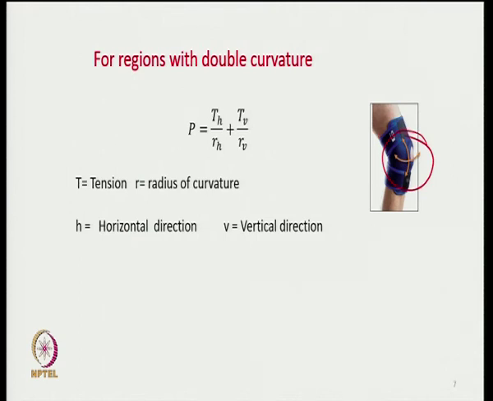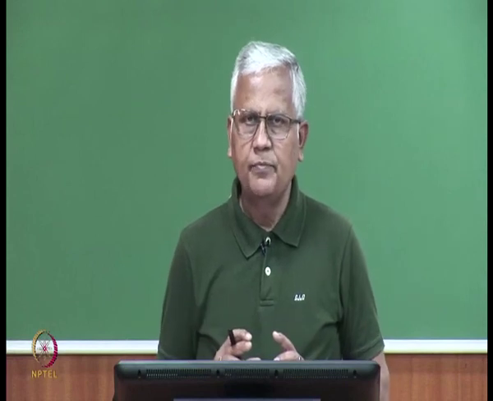If this is my vertical direction, this is my horizontal direction, then the pressure that will develop is P equal to T h by small r h plus T v by small r v, where v indicates vertical direction and h indicates horizontal direction. So, then you have to take into account the stretch in both the directions in order to know the value of pressure that will develop.